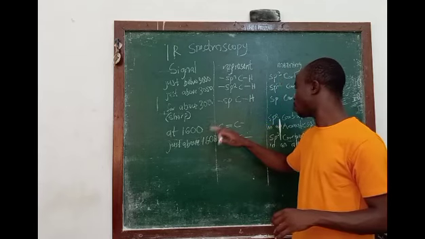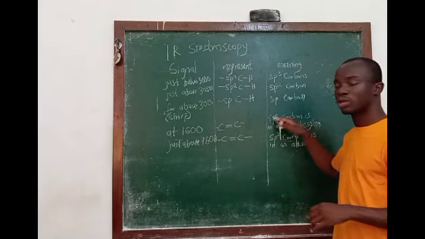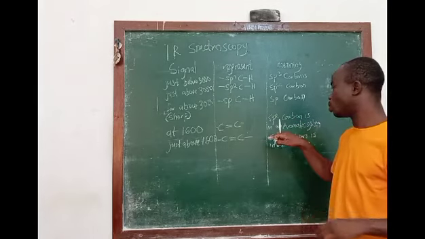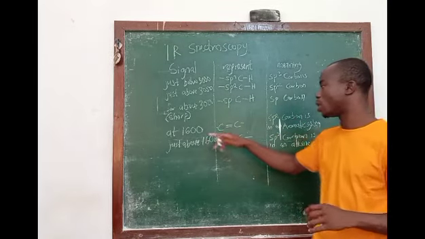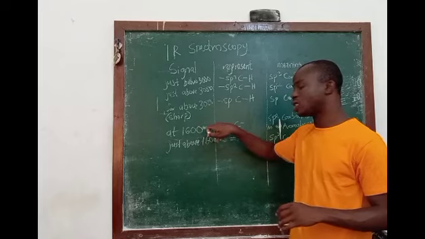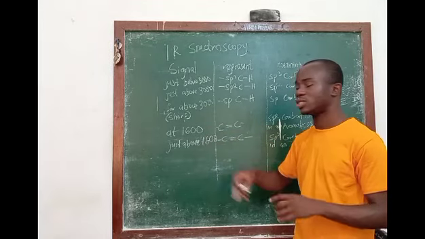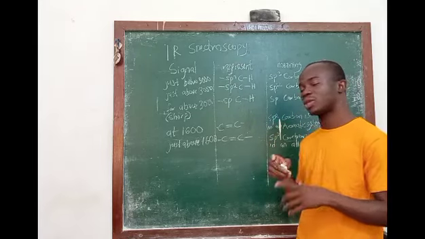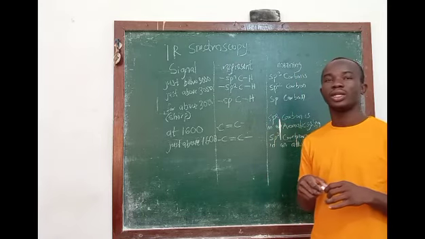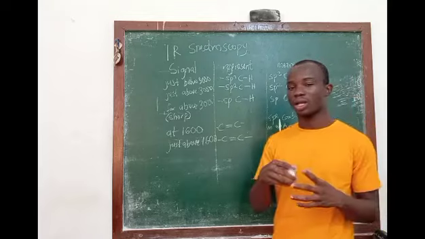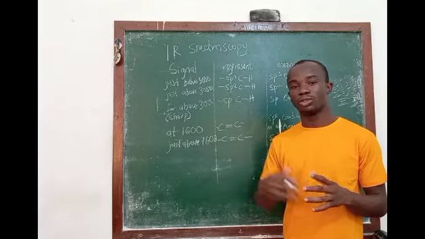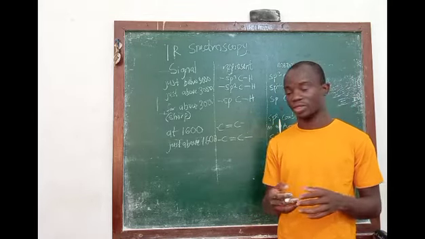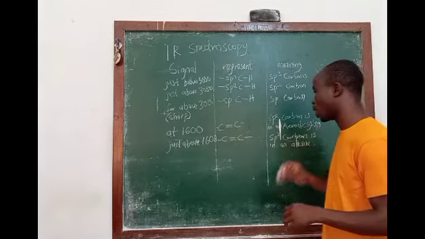So it now depends whether you are having an sp2 carbon in an aromatic system, or an sp2 in an alkene. It depends on whether you are having a signal at exactly 1600, or a signal just above 1600. When I'm saying just above 1600, I mean a signal around 1600, in between 1600 and 1650. So that's what this implies.